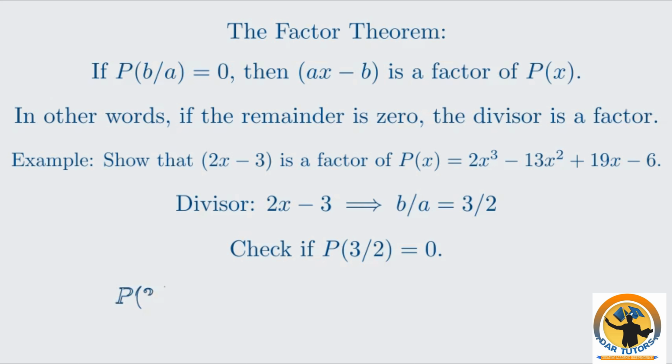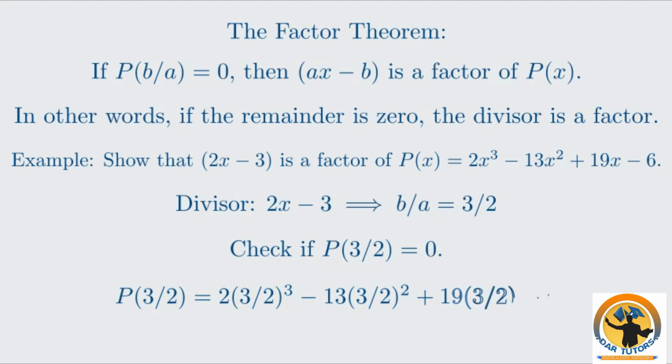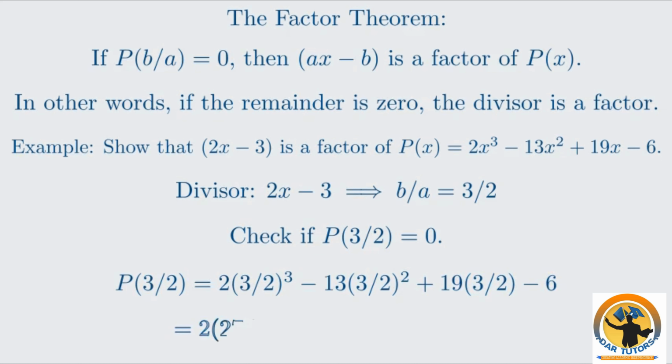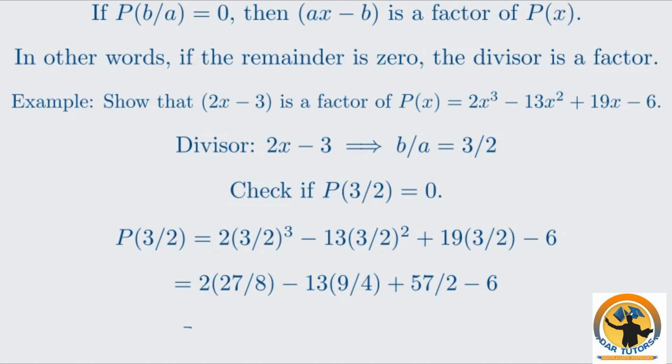We get 2 times 3 over 2 cubed minus 13 times 3 over 2 squared plus 19 times 3 over 2 minus 6. This simplifies to 2 times 27 over 8 minus 13 times 9 over 4 plus 57 over 2 minus 6. This becomes 27 over 4 minus 117 over 4 plus 114 over 4 minus 24 over 4.